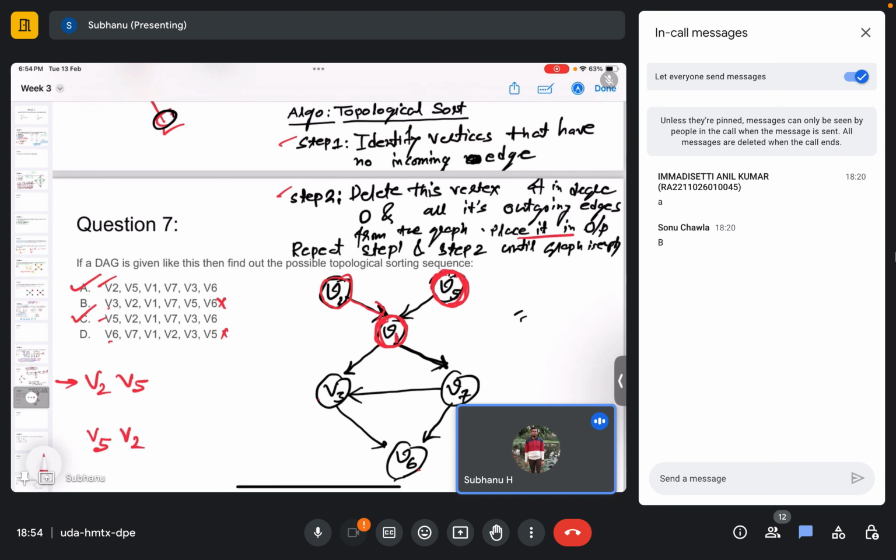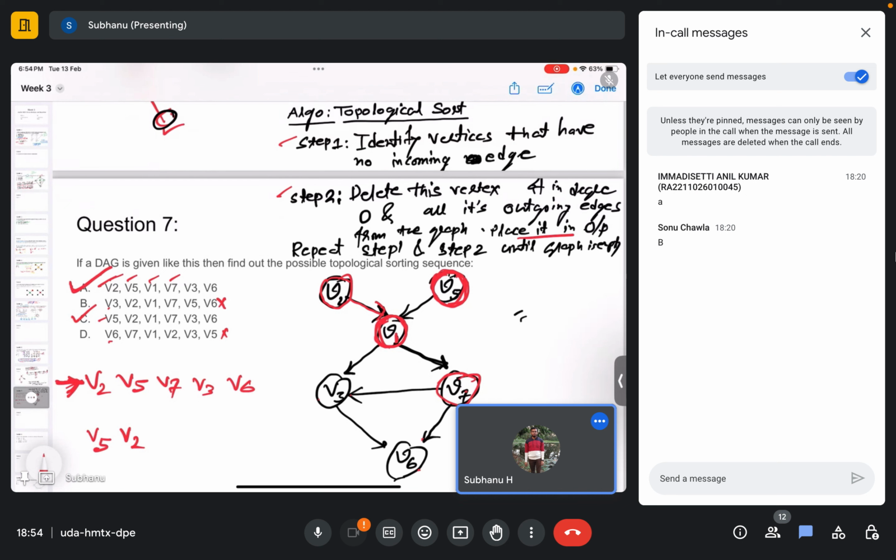So first I am going with V2, V5. Okay, fine. So from V1, where can you go? V2 and V5 are done, you can go to V7. Fine. So from V7, what options do you have? You have V3 and V6. So you can go to V3 and V6. So this is our correct answer.